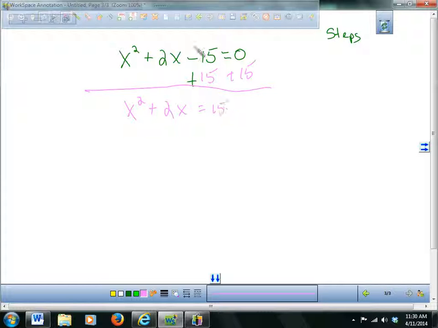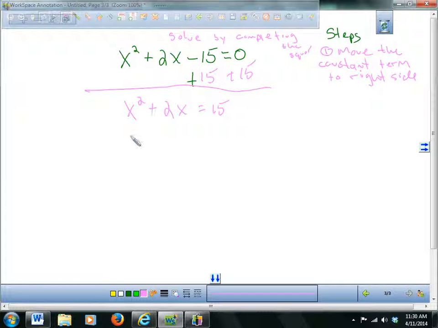So this is solving by completing the square. The first step is to move the constant term to the right side, okay? So what I just did is I took this 15 and I moved it over here, okay?